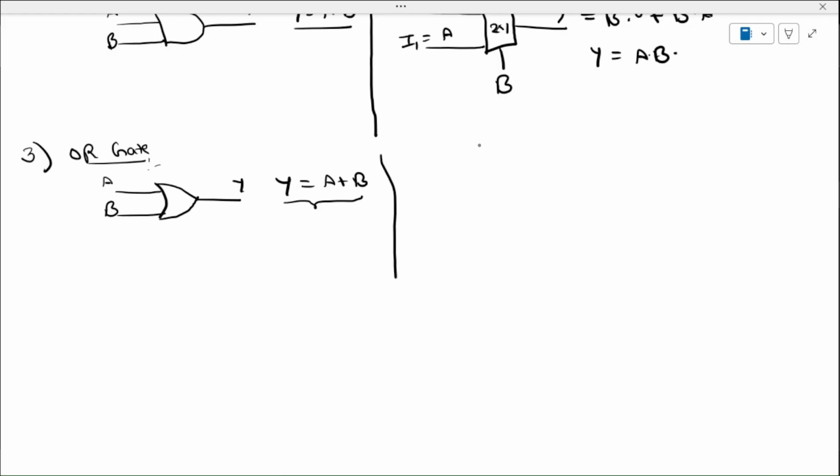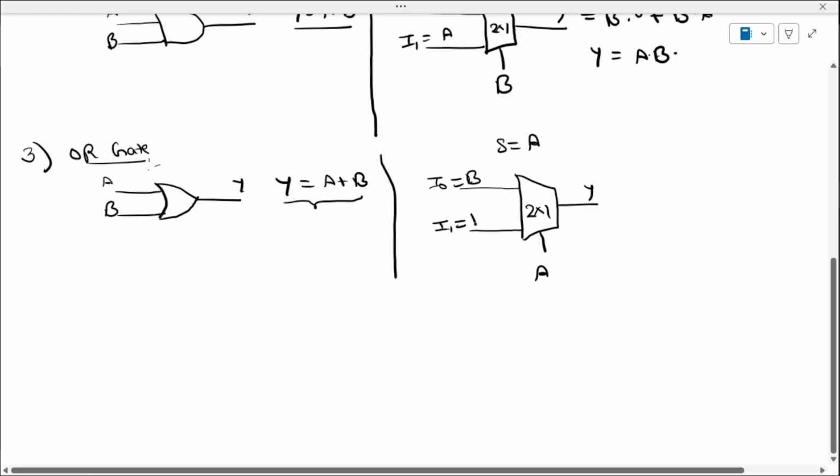So firstly, we have to choose a variable that will act as a select line. So S will be A, 2x1, S will be A. This will be I0 and I1. In the case of the OR gate, I0 becomes B and I1 becomes 1.